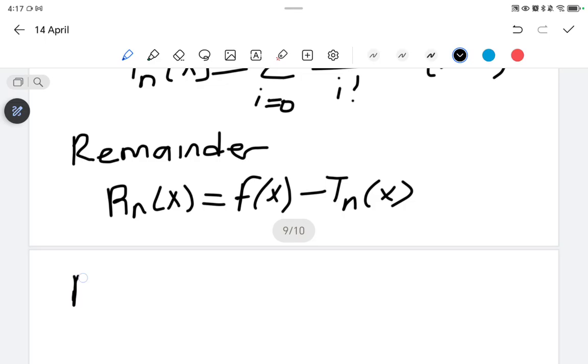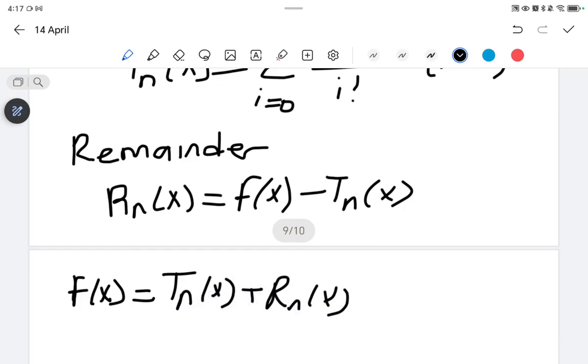The one saying f(x) is equal to Tn(x) plus Rn(x), where it talks about the limit of the remainder. The Taylor theorem remainder, the one that talks about the limit of the remainder.